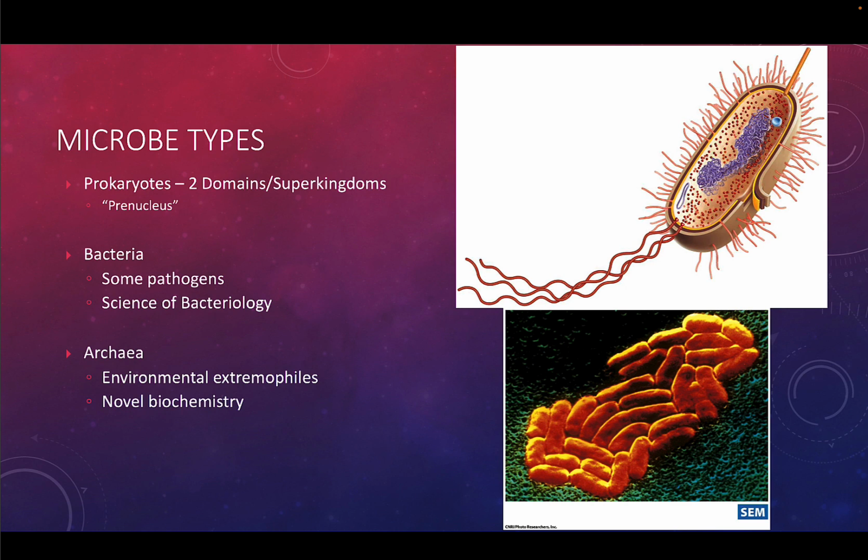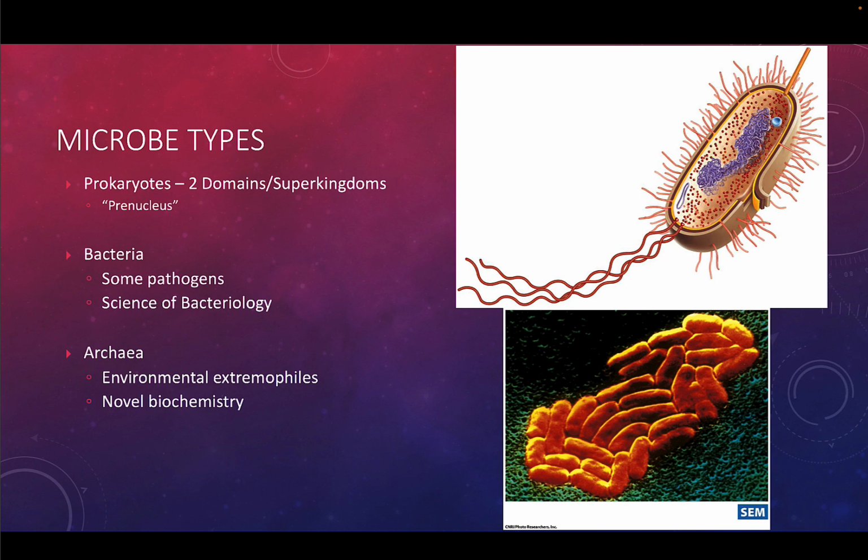People who study bacteria specifically are bacteriologists. It's the science of bacteriology. Generally, when people think of microbiology, they're mostly thinking of bacteria, but that's a pretty narrow way of thinking about microbiology. So bacteria will contain our pathogens, but again, only some bacteria are pathogens.